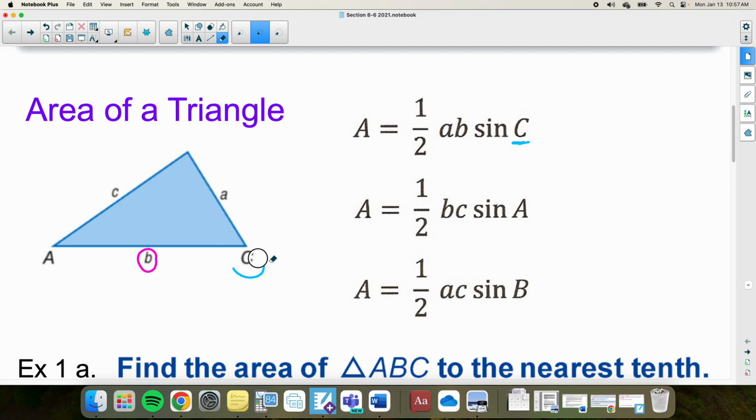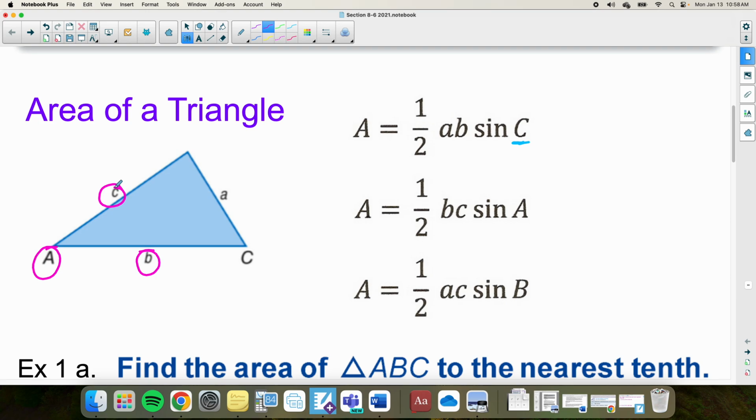So if you knew angle B, then you would need A and C as your sides. That one is down here. And then if we have angle A here, you would have to know B and C, okay?